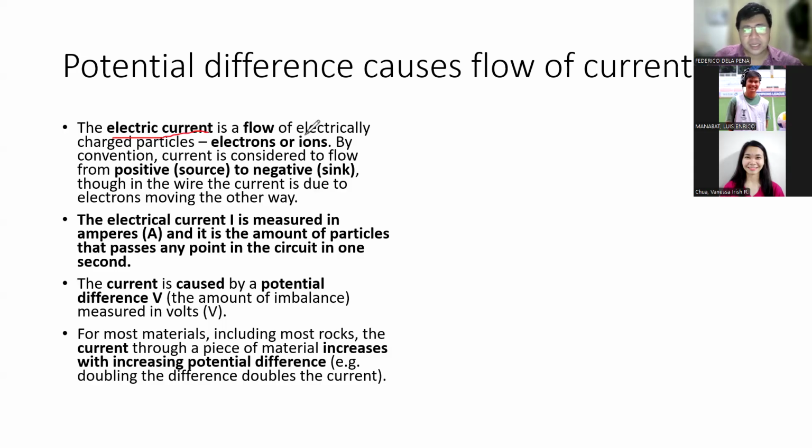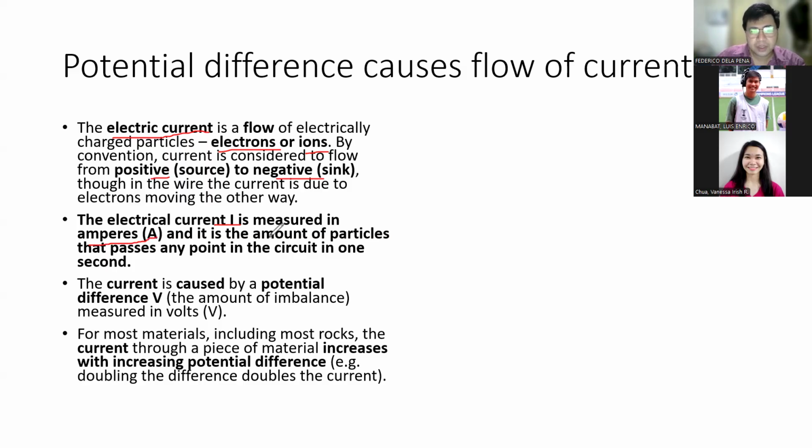Electric current is always about the flow of charged particles. It could be either electrons or ions, right? And the direction of flow is always from the positive to the negative. Electrical current is abbreviated by the letter I, and is measured in units of amperes.